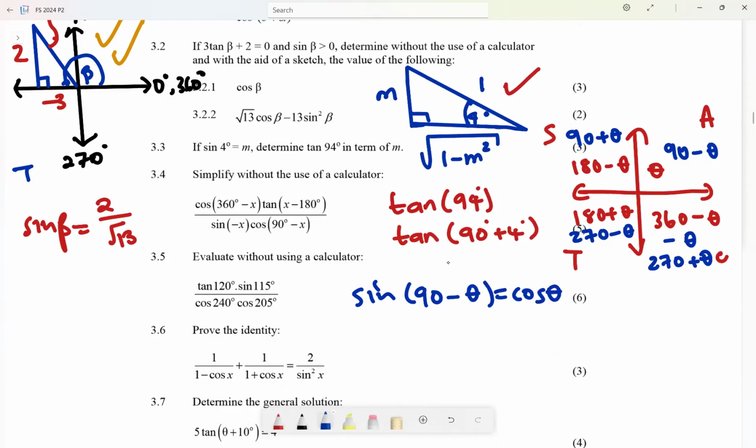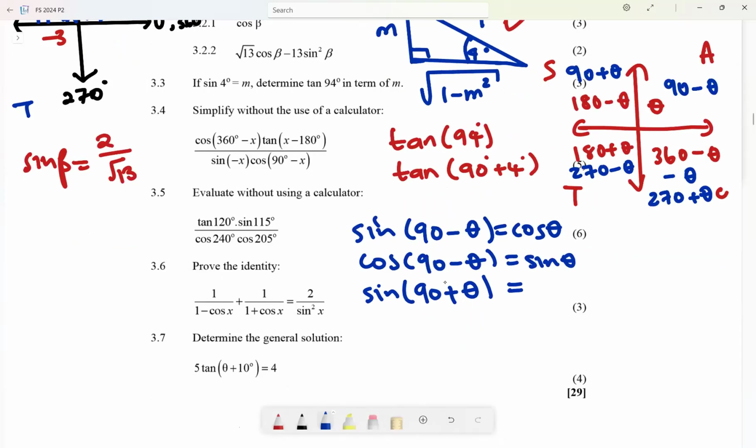Then cos of 90 minus theta changes to sine theta. Take notes. Sine of 90 plus theta is equal to cos theta. Then cos of 90 plus theta is equal to negative sine theta.